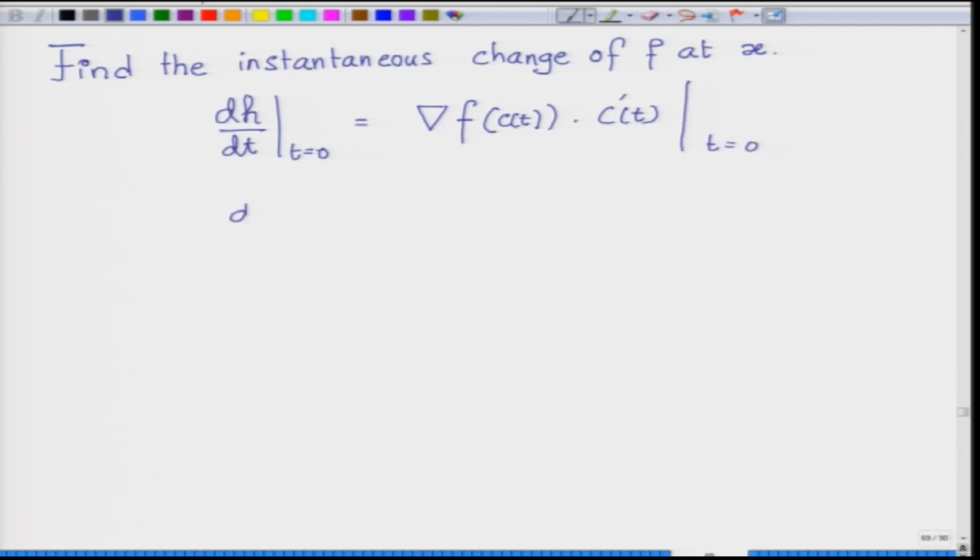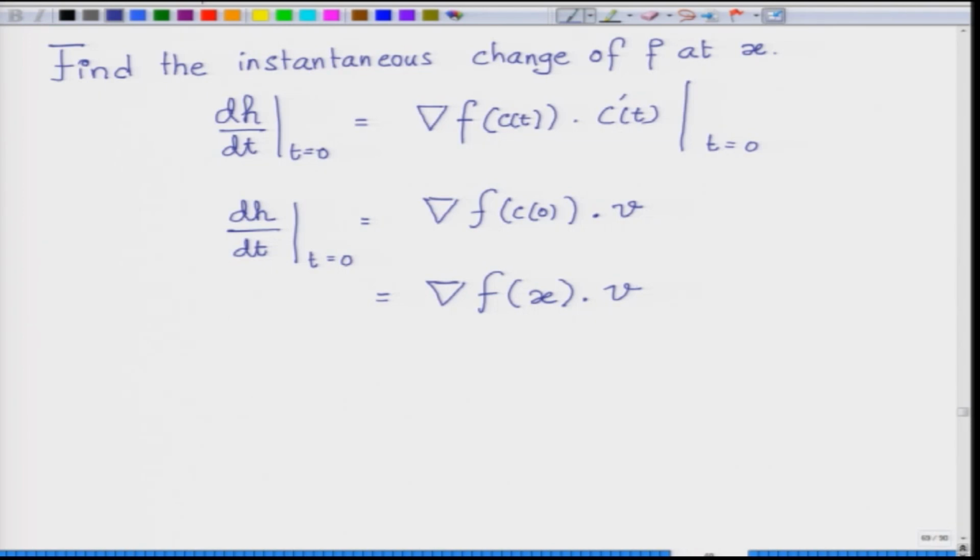So, my instantaneous rate of change of the function f at the point x, because when I put t equal to 0, x plus tv becomes x, is nothing but grad f of C(0) dot v, which is nothing but grad f of x dot v.